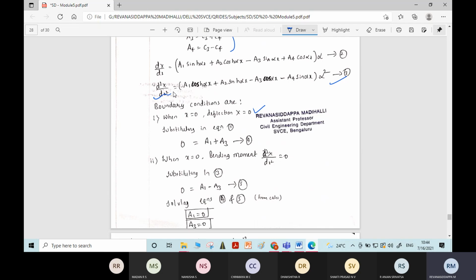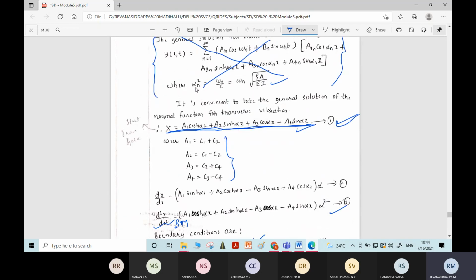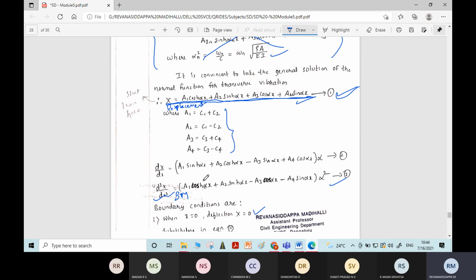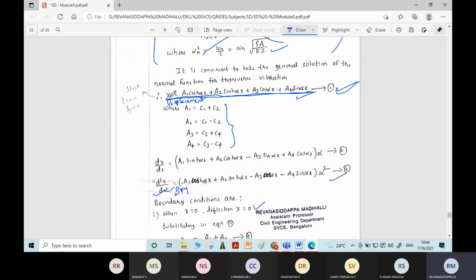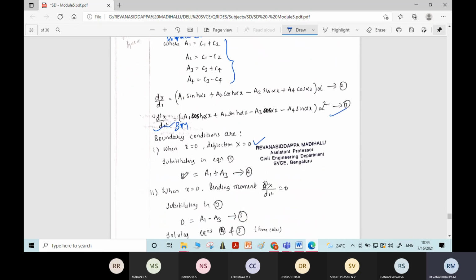That is the expression for bending moment. This is nothing but bending moment, this is nothing but displacement. Now at x equal to 0, displacement or the deflection equal to 0, therefore capital X equal to 0 is written.